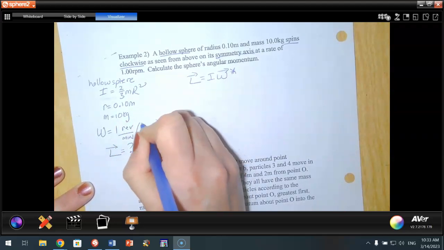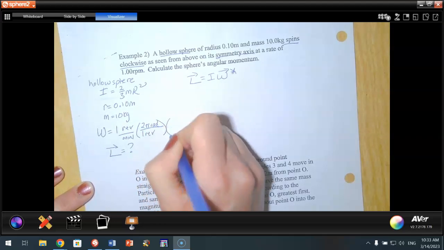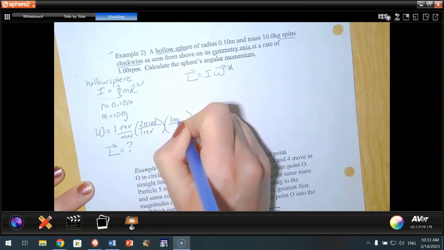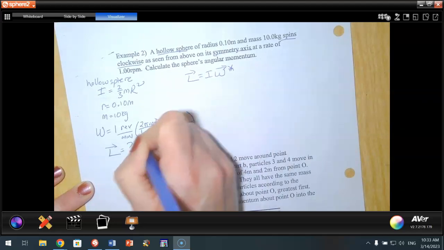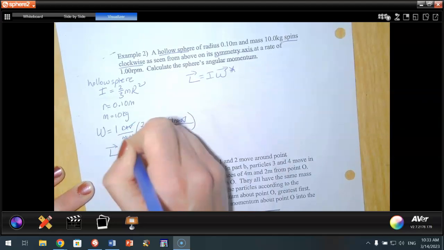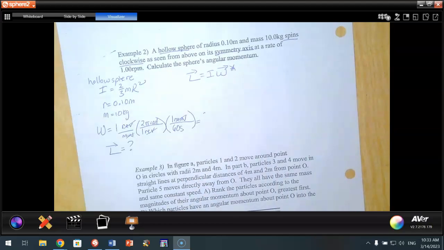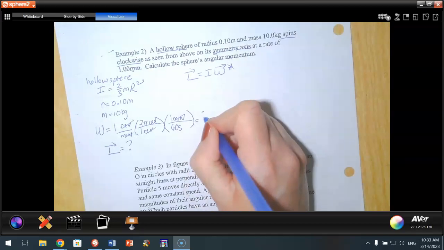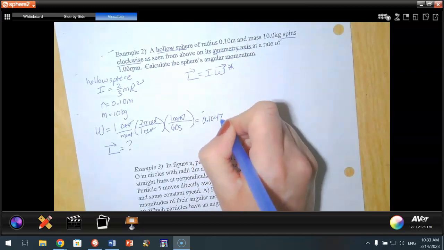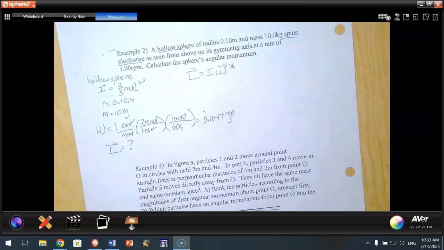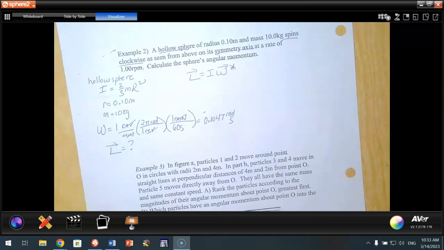In 1 rev, there's 2 pi radians. And in 1 minute, there's 60 seconds. So if I do a little canceling here, I would just take 2 times pi divided by 60. This is going to be 0.1047 radians per second. And that's the value that I would have to have in this formula.